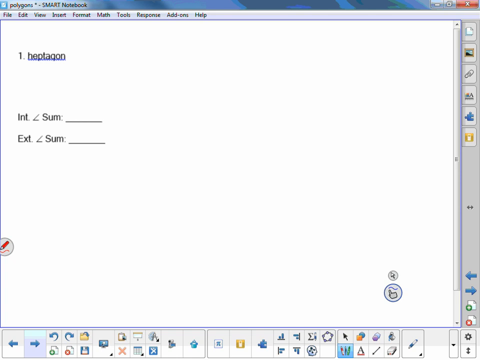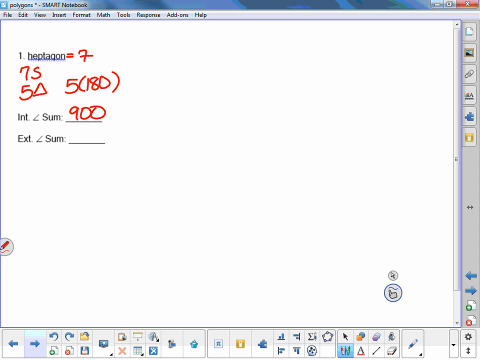Now, this one, I'm only going to do one of these. They're asking you for the exterior angle sum and the interior angle sum. So, this is 7 sides. So 7 sides makes 5 triangles. 5 times 180 is 900.